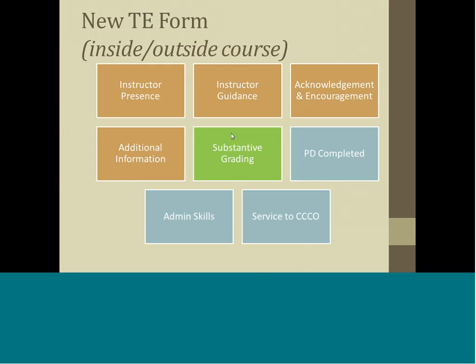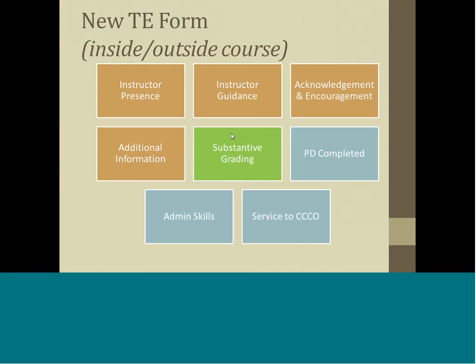And one quick element I'll add, everyone, in that new category of service to CCCOnline, there is no specific performance expectation. That is simply a category where the chair can make note of whether that instructor has provided any of the types of services to CCCOnline that Liz was just mentioning, so that it can be included in the instructor's overall evaluation of what kind of year they had.